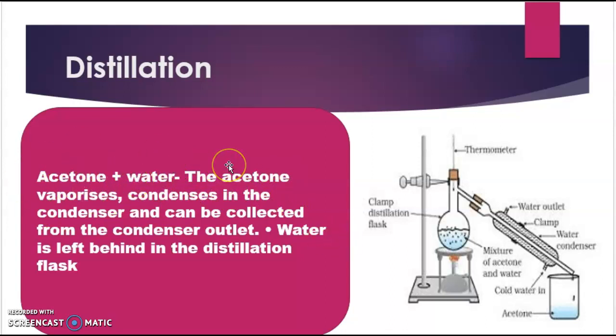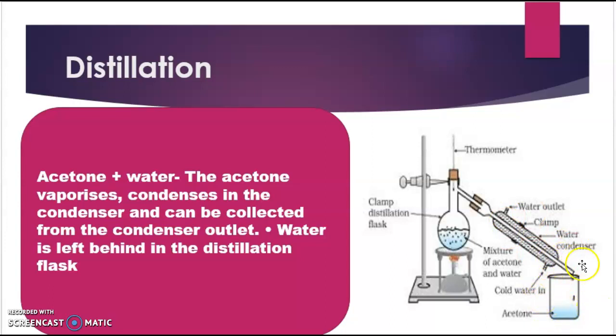Pure acetone, how can we obtain pure acetone? What we have to do is heat this mixture, and at the particular boiling point of acetone, which is different from that of water, it vaporizes and goes this way. After here is the water outlet, and you can see this condenses and forms acetone liquid here.